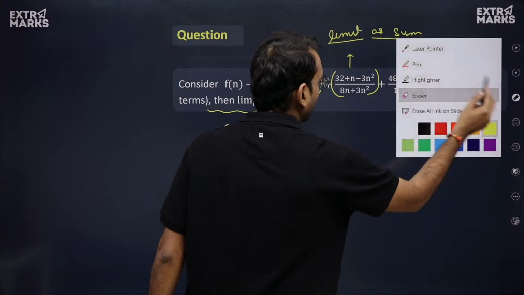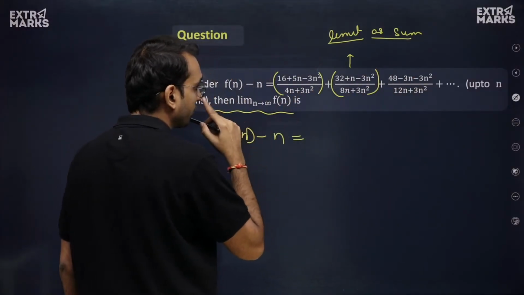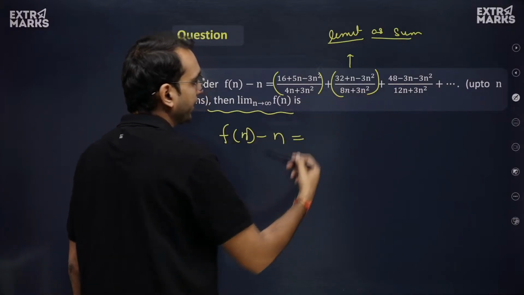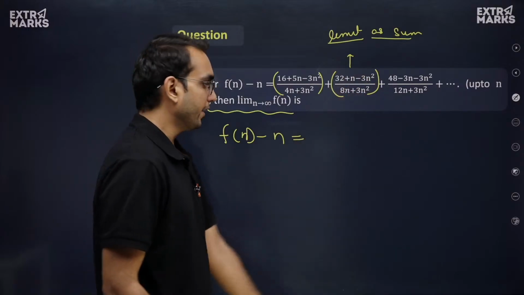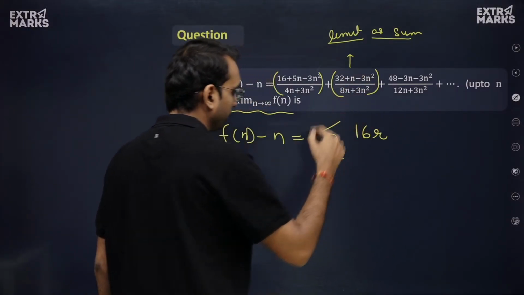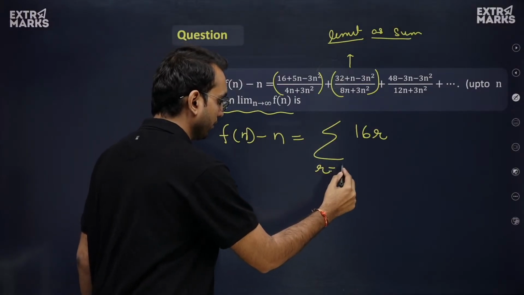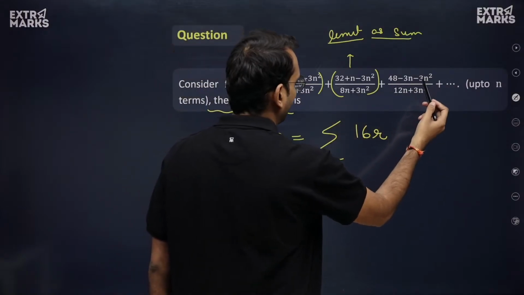We have to see what is actually repeating and what is not repeating. So 16, 32, 48. Can you see? 16 table: 16, 32, 48. So the first thing will be 16R, where R is from 1, right? Minus 3n square, minus 3n square, minus 3n square.